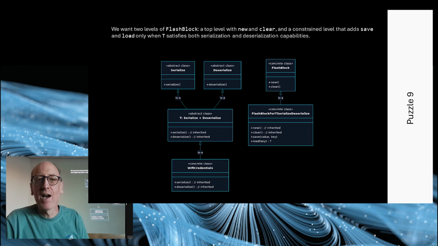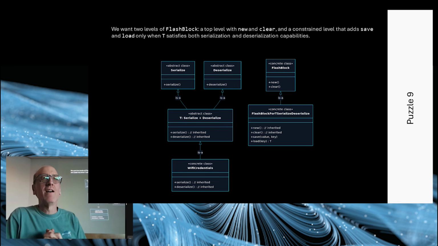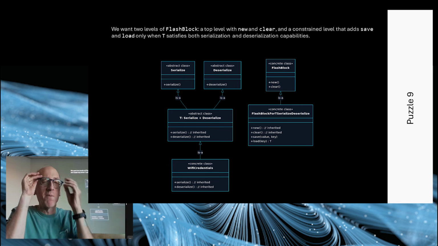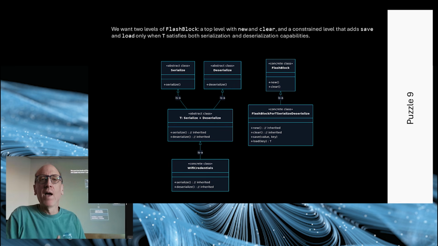Puzzle 9 got a little small. For Device Envoy, I want to be able to write kind of arbitrary values to the flash memory. So each 4K block of flash memory is going to have a new and a clear method.